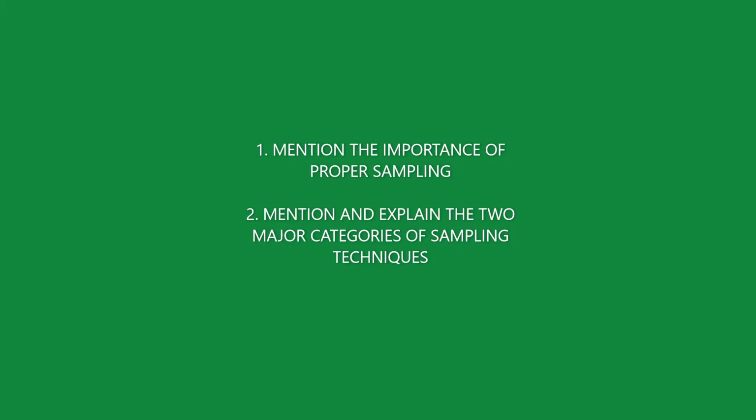That is, why is sampling so important? And how do we ensure that we take a proper sample that is truly representative or reflective of the population, such that when we generalize, it will be truly reflective of the characteristics of the entire population.